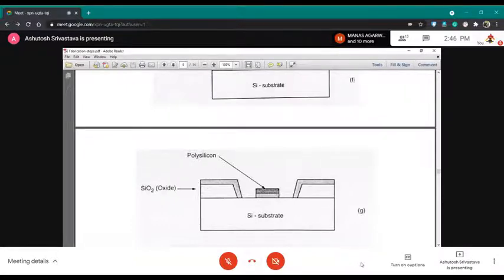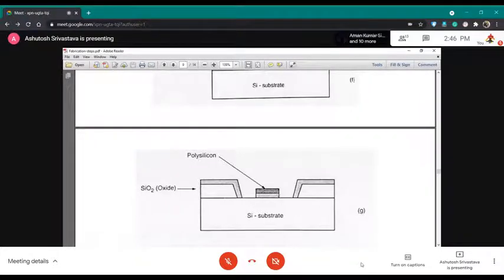It is depositing polysilicon, then getting a mask, exposing the desired part with the ultraviolet, and then etching away the other part.